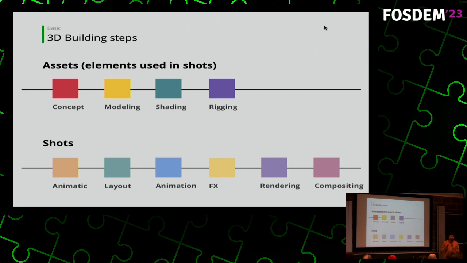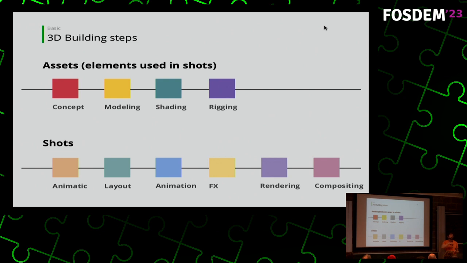So when you build an asset, for example a character, you have several steps. The first one is the concept phase. It's a 2D step where you draw the idea of how the character looks. Then the next step consists in sculpting the character, making it in 3D.